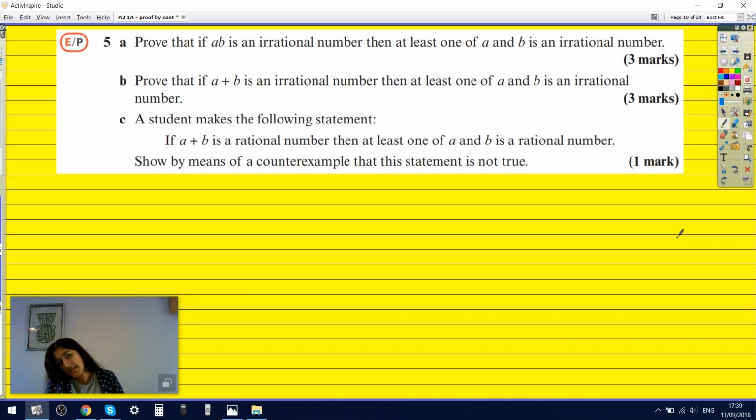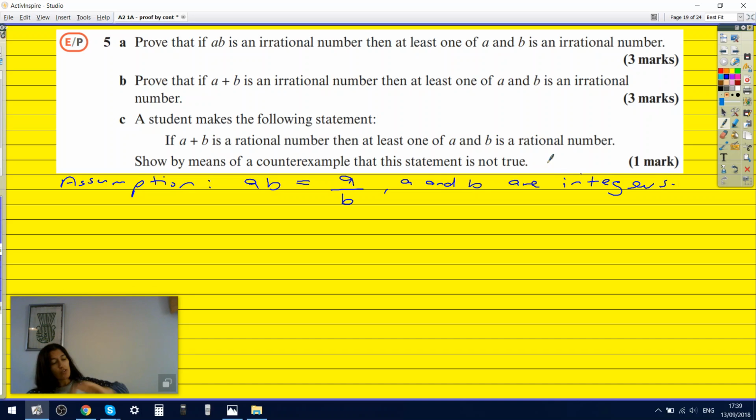So AB equals A over B? Yes. Okay. The negation statement would be if AB is an irrational number, then both are rational. And I think that's contained. A and B are integers, because that's the definition of a rational number.